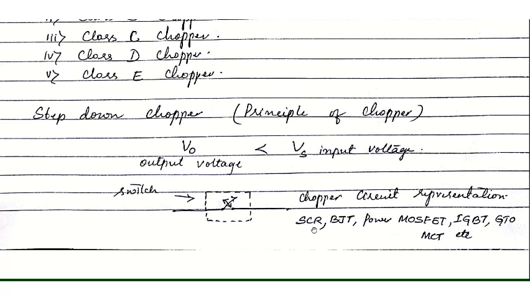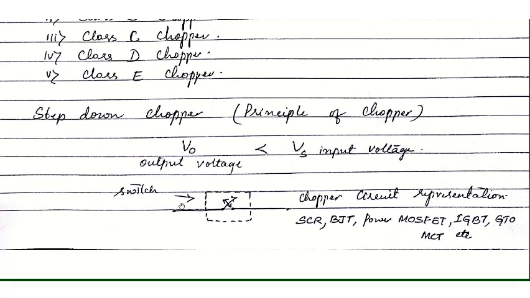It can be an SCR, BJT, power MOSFET, IGBT, GTO, MCT, etc. The power semiconductor device operating as a switch in the circuit is nothing but your chopper circuit. The main principle of this chopper circuit is that, in order to get a variable output, we keep the switch on and off for different time periods.